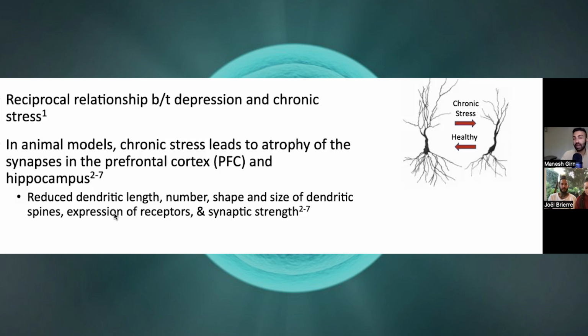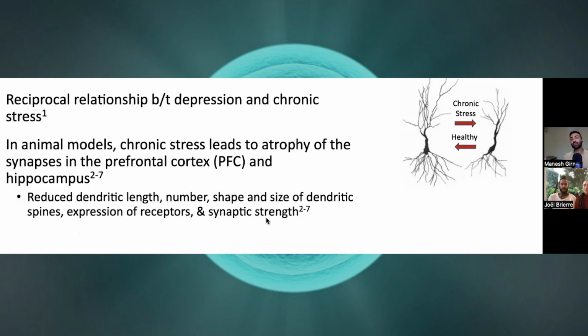And when I say atrophy, here is a bit more detail. All these things are reduced. The dendrites basically become fewer, they're less long, their shape is different, they're smaller. There's also fewer receptors on the neuron to receive inputs from other neurons, and the synaptic strength is reduced.